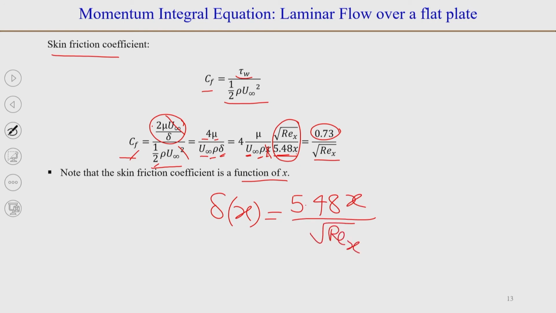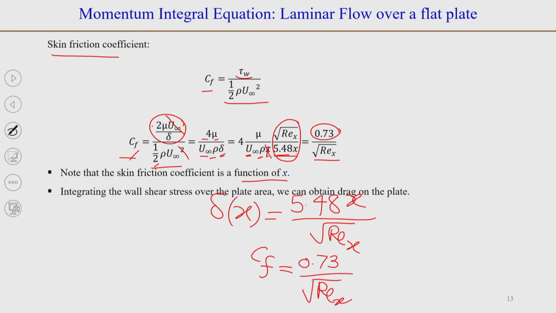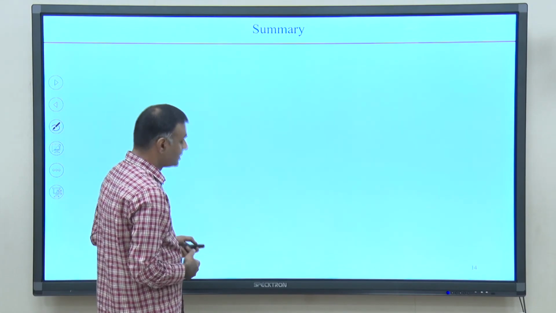We also calculated Cf here, which is 0.73 divided by root of Re x. Okay. So, when we integrate this Cf x or tau w over the flat plate, then we can obtain the total drag on the flat plate.